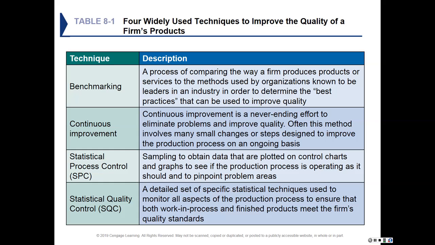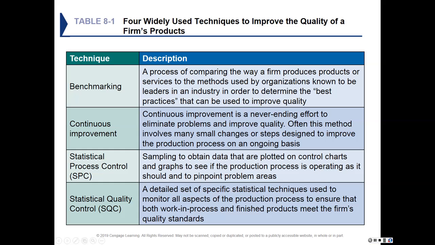Statistical process control is sampling and keeping track of data so that we can actually look at concrete evidence and charts to make sure that everything is on track.